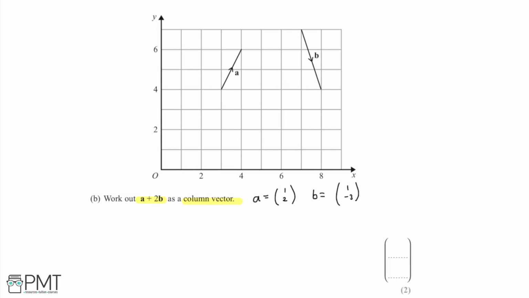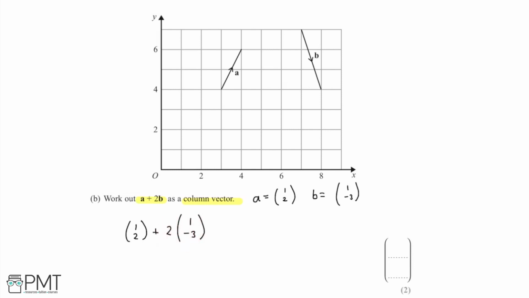Now I can use these values to work out a plus 2b as a column vector. I can just take the value of A, which is 1, 2, and now I need to add on 2 lots of B, which is 1, -3. Because I'm just working with a number multiplied by a column vector, you can simply multiply both the top and bottom of this vector by this 2.